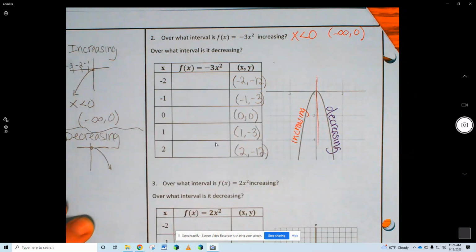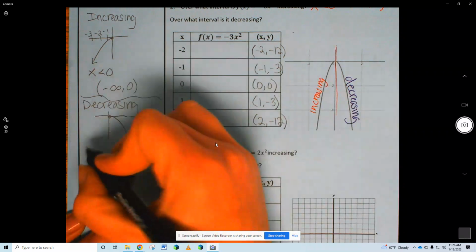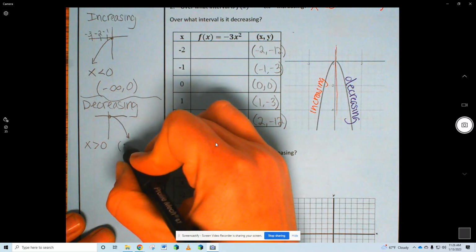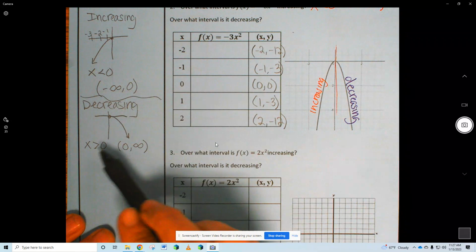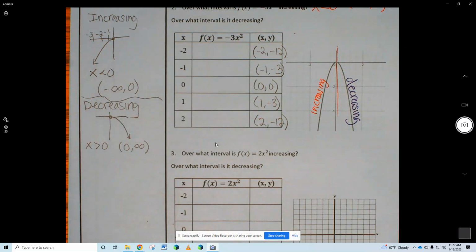Looks like that. And it's going to be greater than 0. X is greater than 0, and then I could write it in interval notation, 0, comma, infinity. Because it's starting at 0 and going higher.